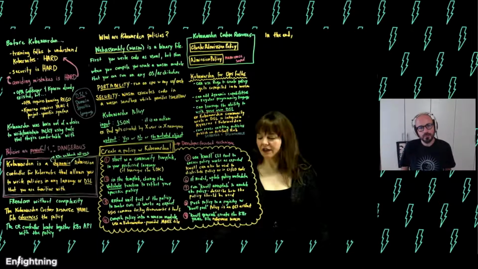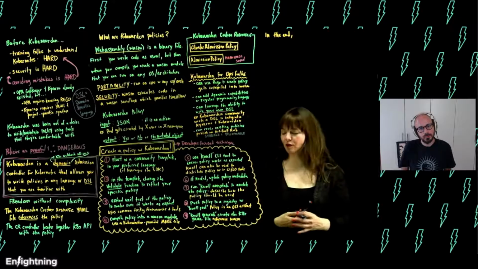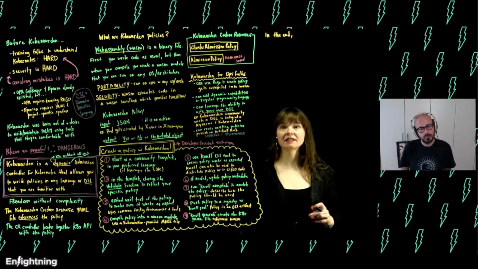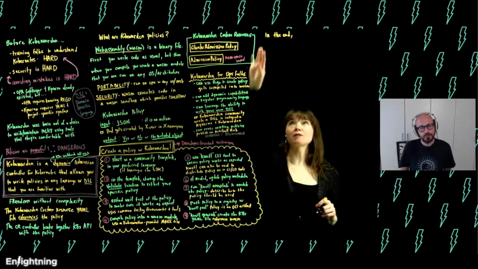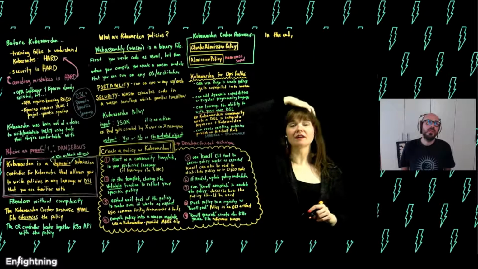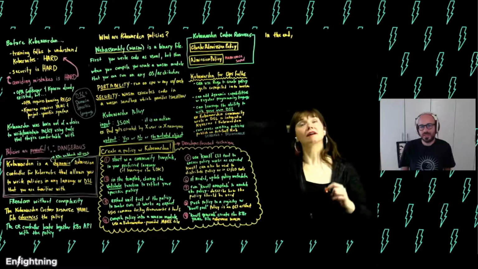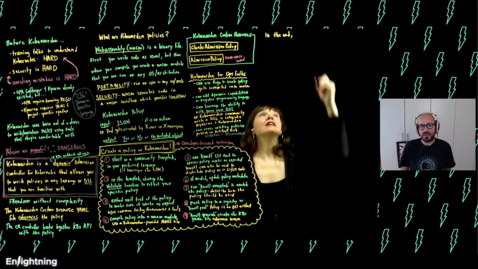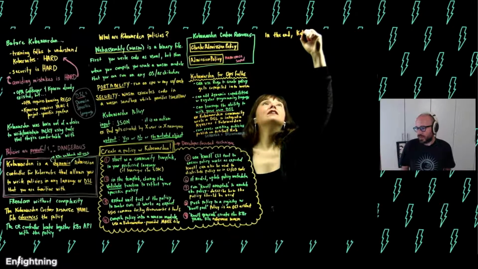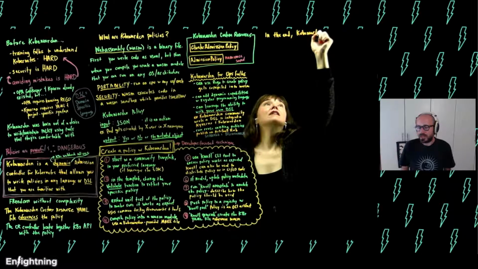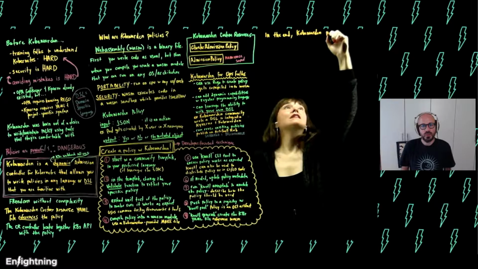And then in the end, I wanted to capture what you said about plugins. Will you restate that? Yeah. In the end, Kubewarden policies are just plugins that deliver additional checks to Kubernetes.